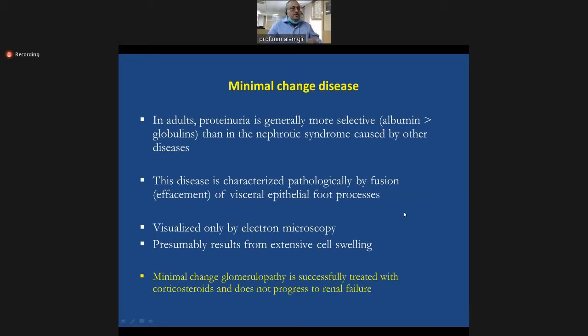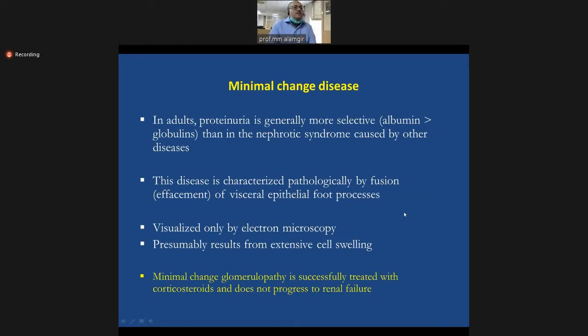So I was telling that minimal change disease is called minimal change disease because it gives a normal picture on routine microscopy. It is on the electron microscopy that it gets detected. It's the commonest cause of nephrotic syndrome in children, and the peculiarity about this condition is that it responds well to corticosteroid therapy.